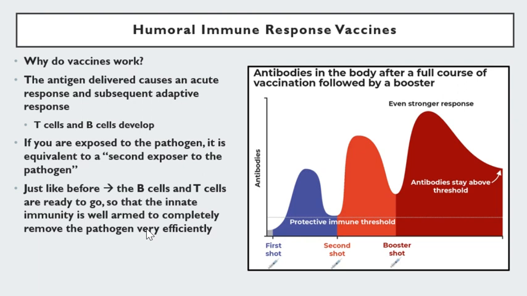If the first vaccine was here and then the curve just dipped under here, you necessarily need that second, and that's very much the case for a lot of vaccines where you just didn't hit that threshold the first time, but then when you hit the second time, you get this type of response, and you need a third and a fourth shot instead of just one and two, right?